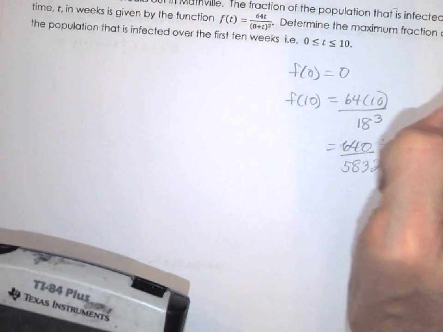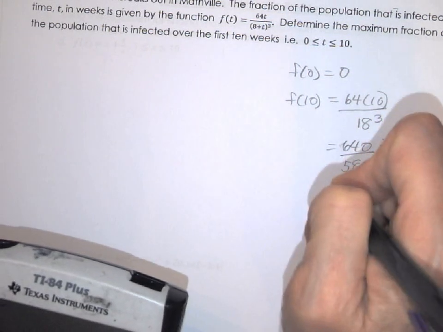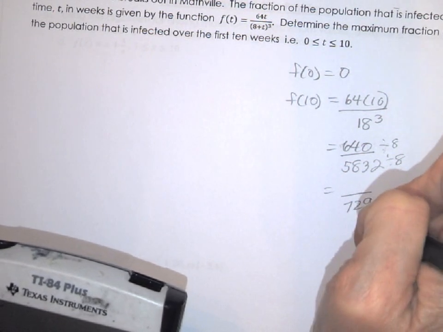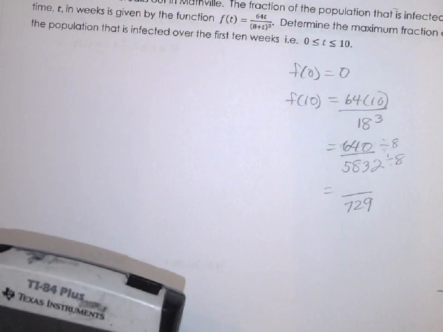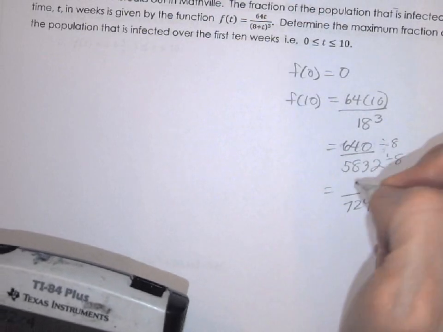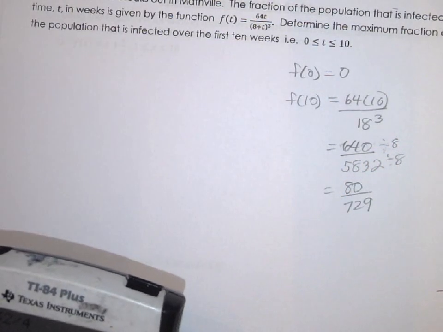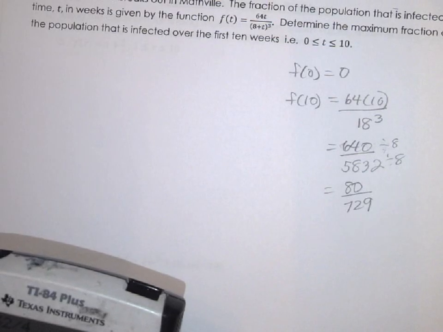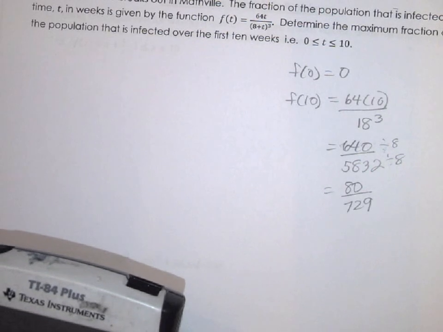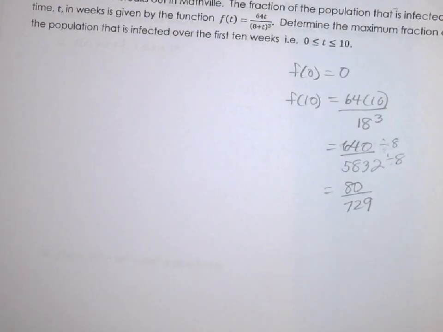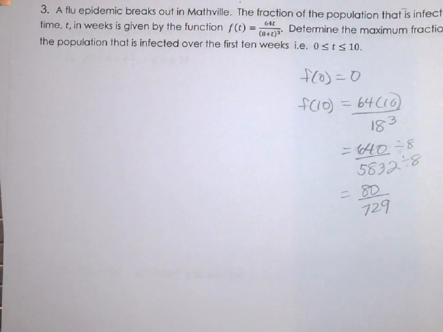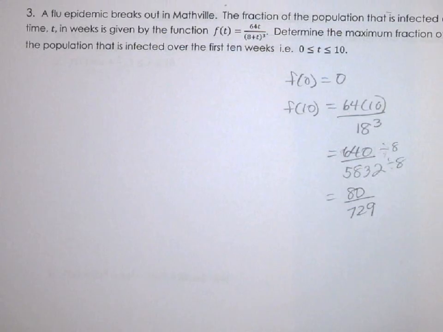So I think I can divide top and bottom by 8. 80 over 729. And I don't think that reduces anymore. So that's our fraction at 10 weeks.